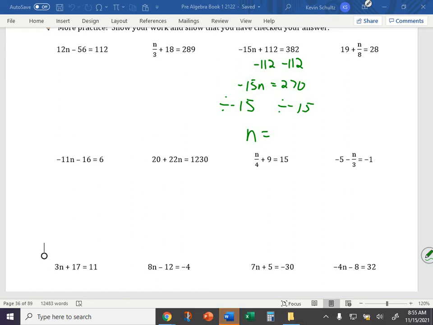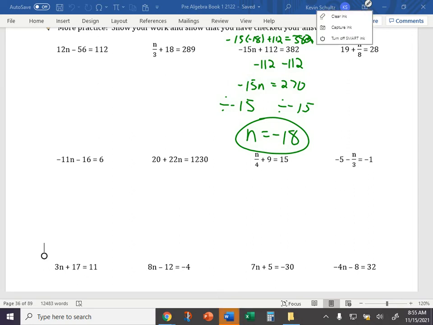Negative 18. Good job. Let's check it. Negative 15 times negative 18 plus 112, does that equal 382? Okay, whoops. Equals 380 something. All right, checks out.